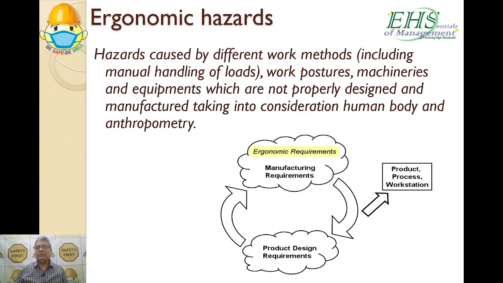Then it should be safe, meaning there should not be any accident; it should be safe in all manner. It is the duty of the manufacturer to see that it is safe while operating. And third is ergonomics, that it should be designed according to the human body, its anthropometry and its physiology.